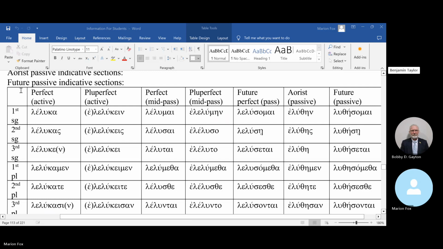In here, you go to Kappa. The root is alpha, kappa, omicron, upsilon.